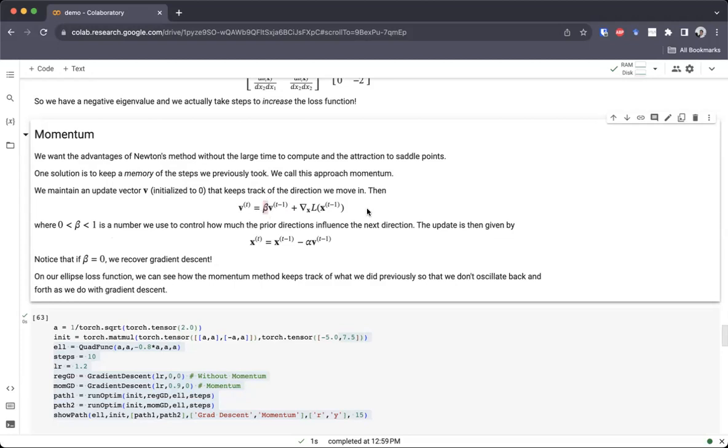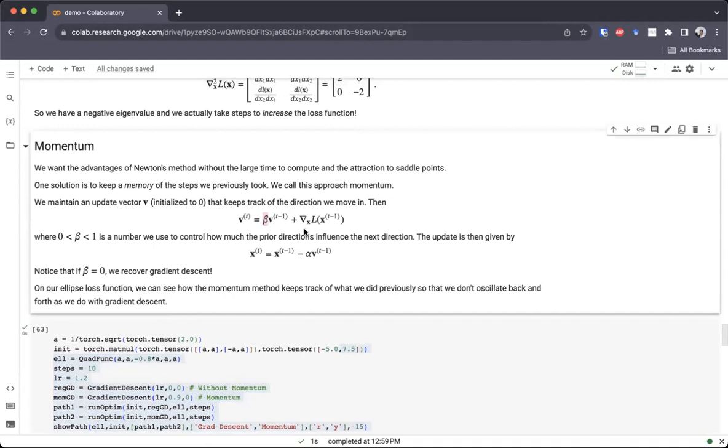Notice that if you expand this expression out, the values from 2 steps previously get multiplied by beta squared, 3 steps previously get multiplied by beta cubed, etc. And because beta is less than 1, this decreases very quickly. So we keep track of prior history, but we more heavily weight things that happened more recently.